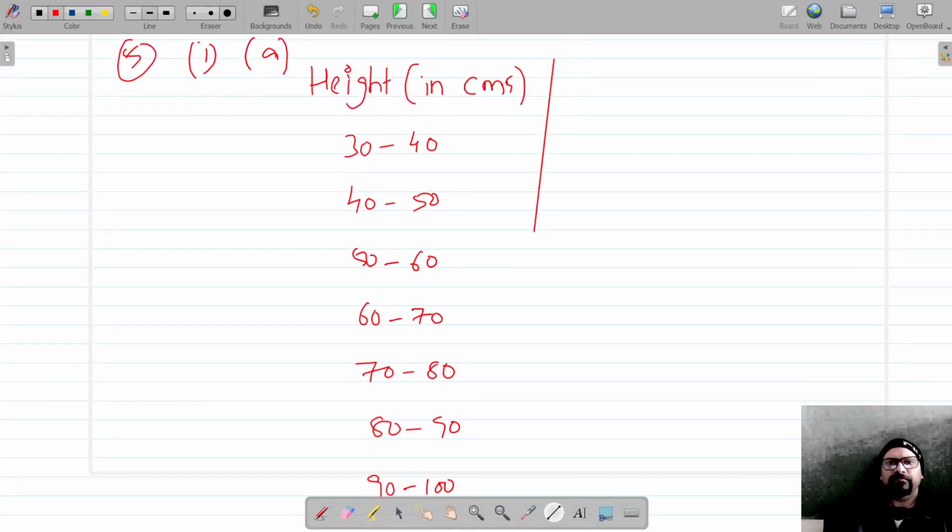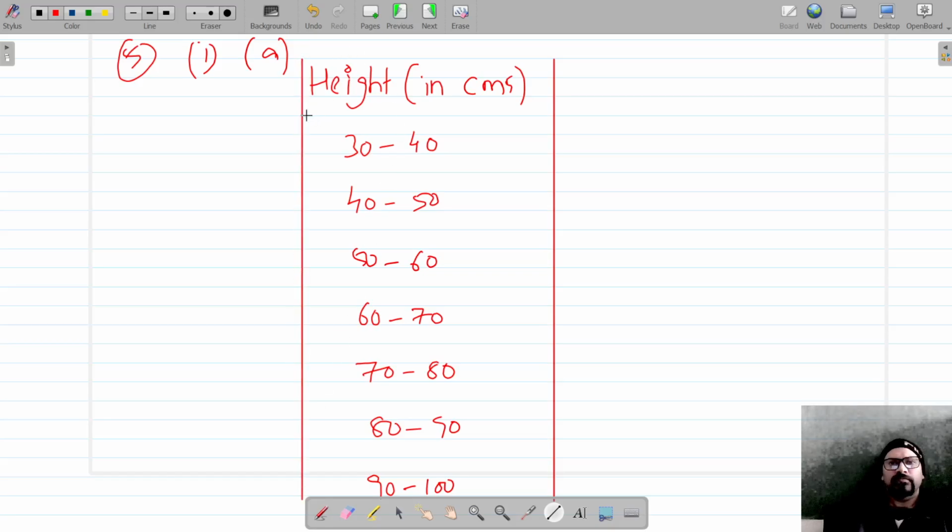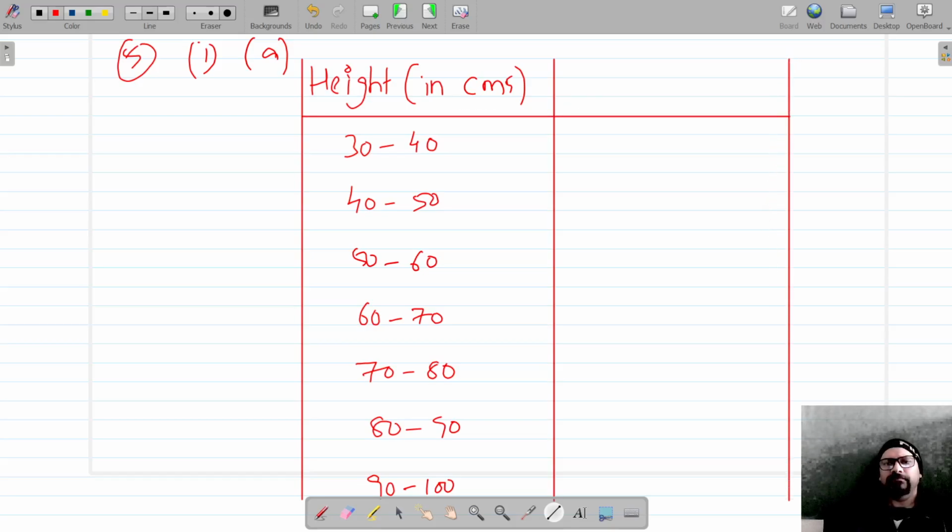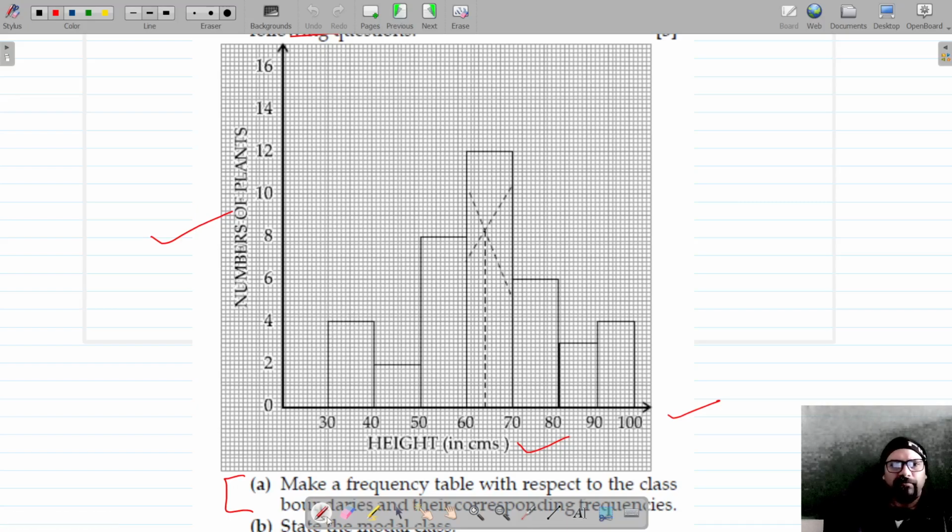Now let's put down the frequency. For 30 to 40, the bar has a height of 4, then 2, 8, 12, 6, and this should be 3, and then 4 again.